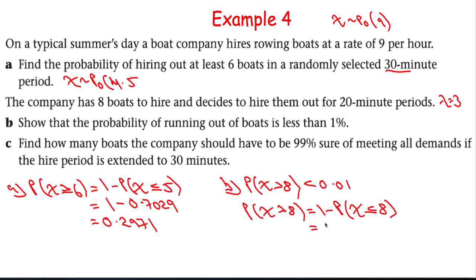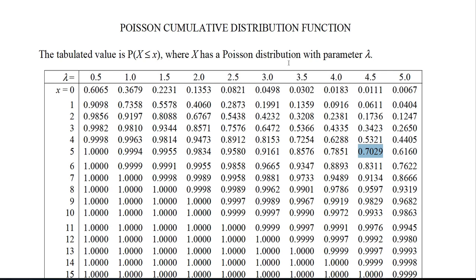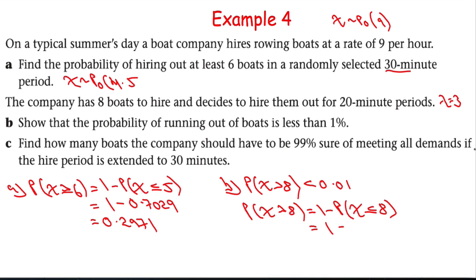So let's go to our tables. Remember, lambda is 3. Less than or equal to 8 is here, 0.9962. So 1 minus 0.9962 equals 0.0038, and you can clearly see 0.0038 is less than 0.01, so we've shown that.